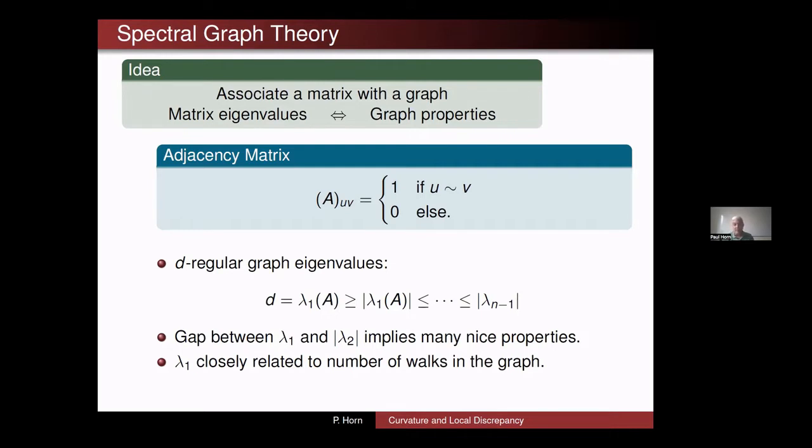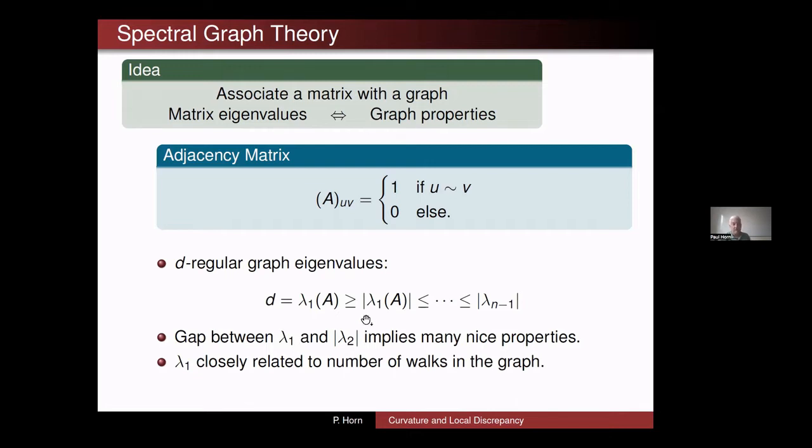I know what the eigenvector corresponding to that degree is. And I know that a gap between the first and second eigenvalue, this really should be 2, I apologize for that, implies that a graph has many nice properties.